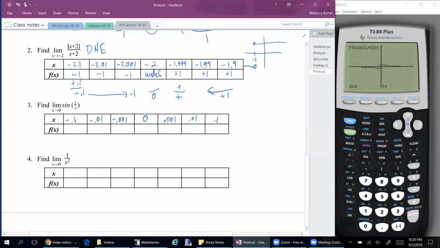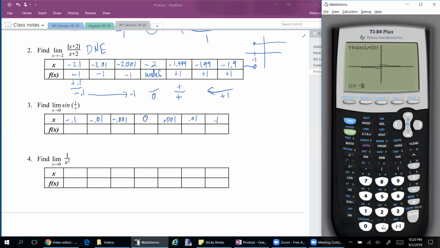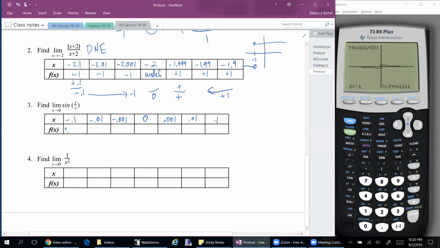So if we look at these numbers in our graph, negative 0.1 is positive 0.54402.